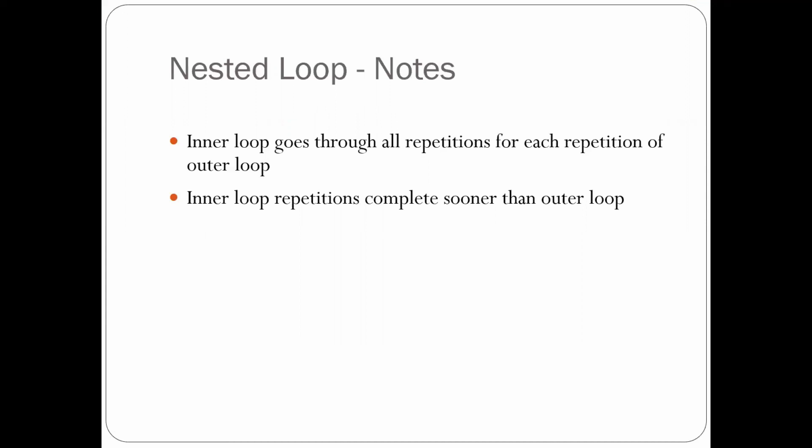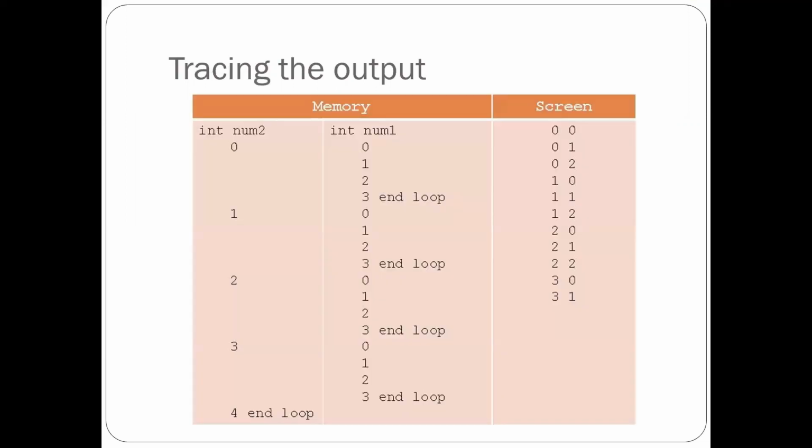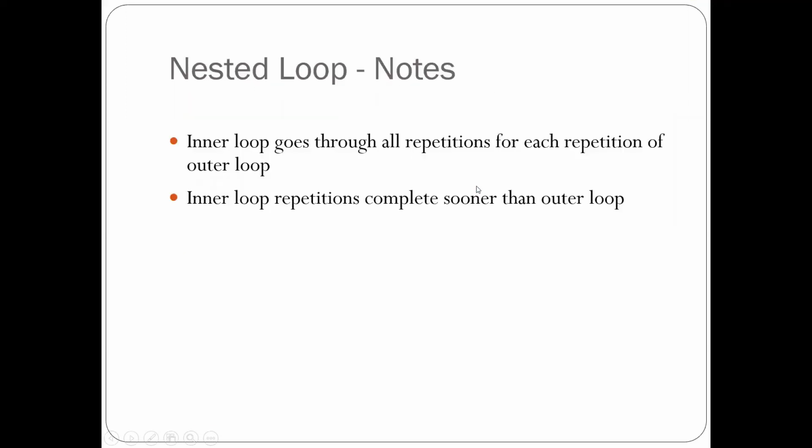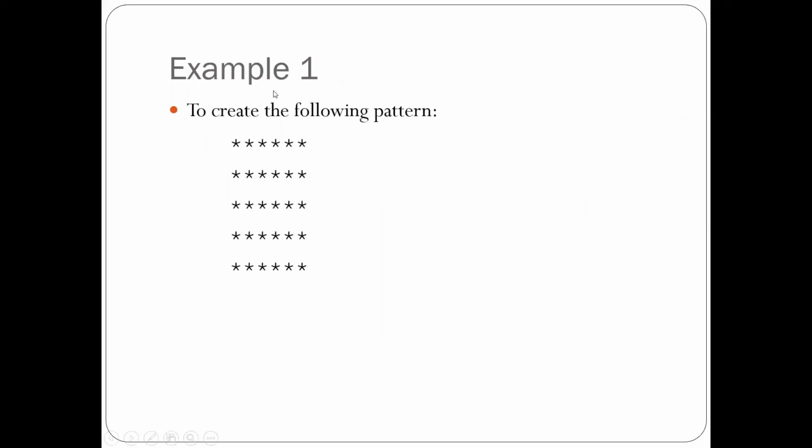Even though outer update, dalam dia tetap akan ulang lagi semula. Inner loop repetition complete sooner than outer loop. Dia akan habis dulu daripada outer loop. Betul lah macam tadi. Okay, kita akan habis dulu, dia naik. Habis dulu, dia naik. So dia ni akan habis dulu daripada outer loop. Itu maksud dia. Okay. For example like this, to create the following patterns.